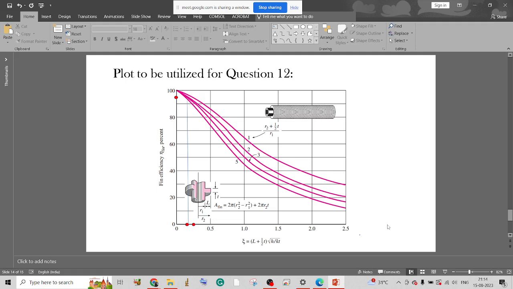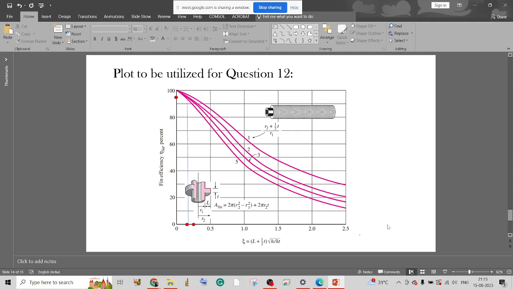So where is it? We were at eta, right? Eta is L plus half of T, root over h upon kT. So that is 0.015 plus half of 0.002 meter into root over 60 watt per meter square degree Celsius upon 180 watt per meter degree Celsius, 0.002 meter.